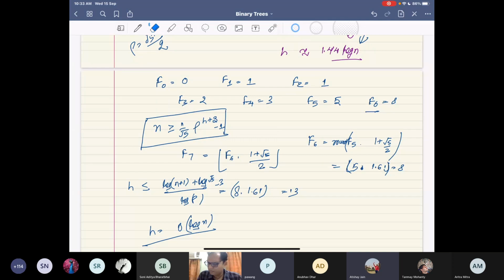Can we write F7 as F5 into 1 plus root 5 by 2 whole square? I don't think that actually works, that messes up. So you have to do it at every number. If anybody knows otherwise, let me know, but I don't think that works.